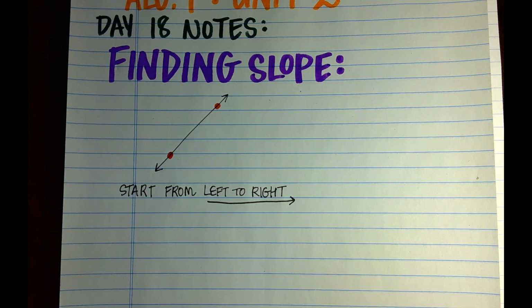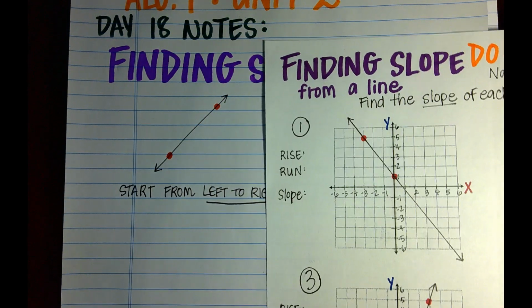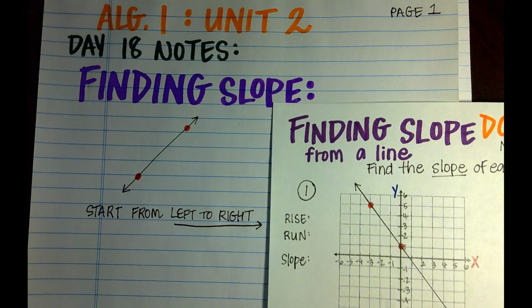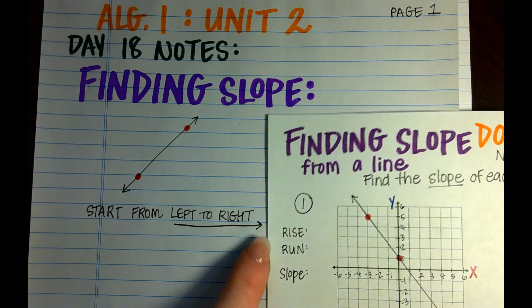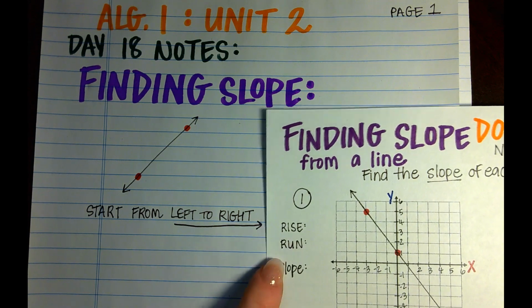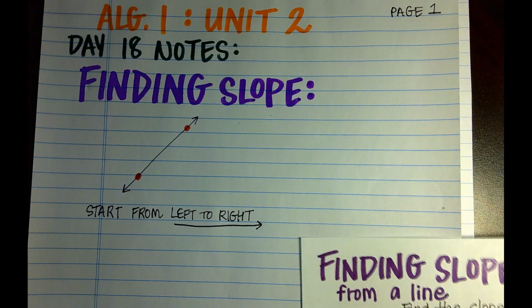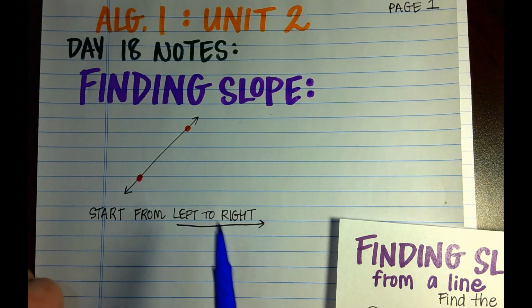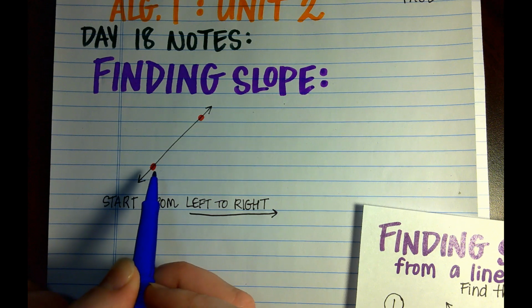And just as a reminder, when we are looking at slope, and there's kind of a hint on all the problems on the worksheet here, what is slope in a different way of saying it using the R words? Rise over run. Good. So whenever we're finding slope from a line, we're going to start from the left point.